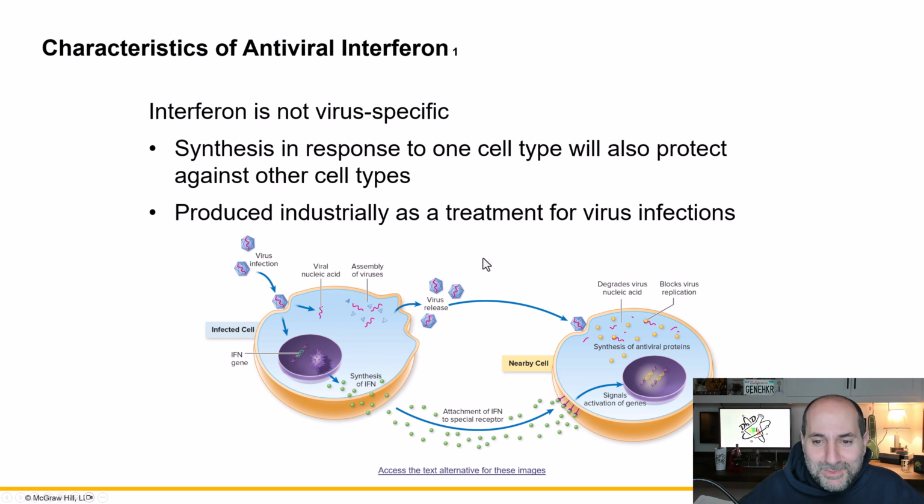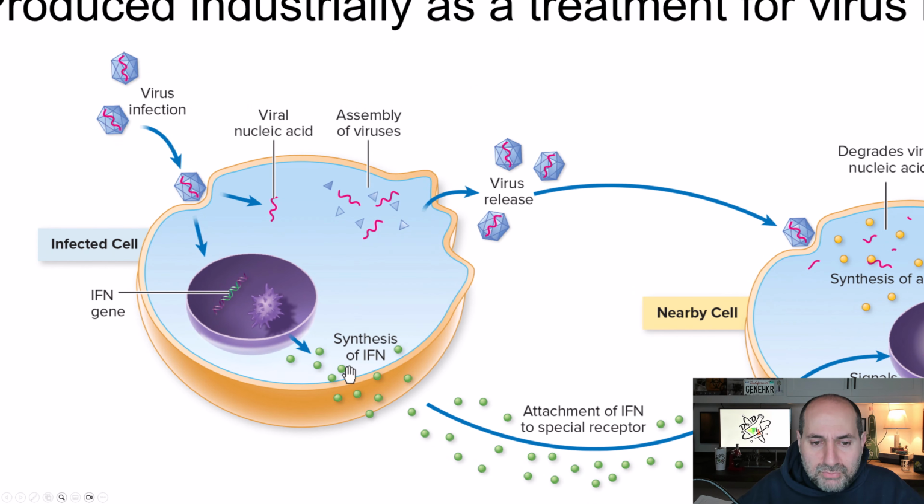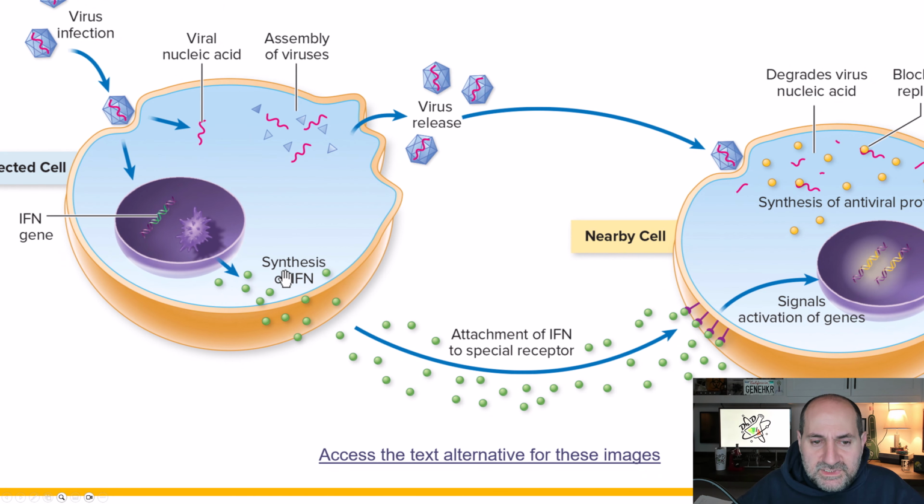And then, do you remember when we talked about another process in the innate immune system called interferon? A virus infects a cell. This cell, if it realizes it's infected with a virus, can activate the interferon gene to form the interferon protein. Interferon protein is a cytokine released by this cell that attaches to receptors on adjacent cells.